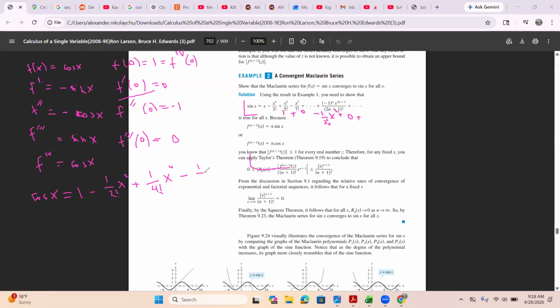So it looks like we have only even terms, only even powers of x. That's the point. So our power of x is now 6. So please notice these are sign alternating series with powers 2, 4, 6. I can say that's 0.